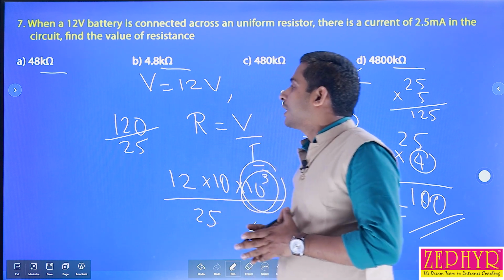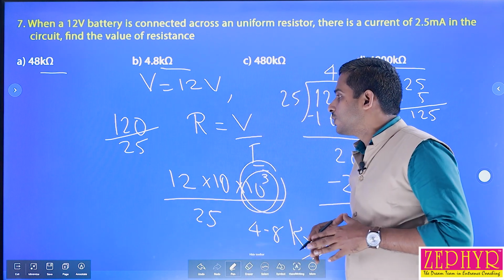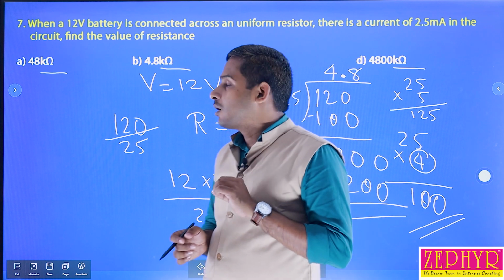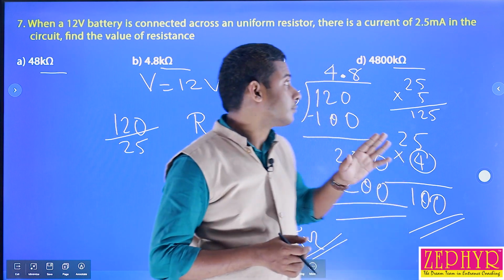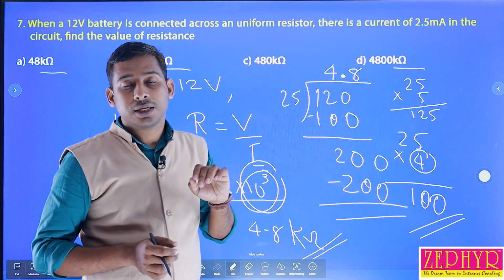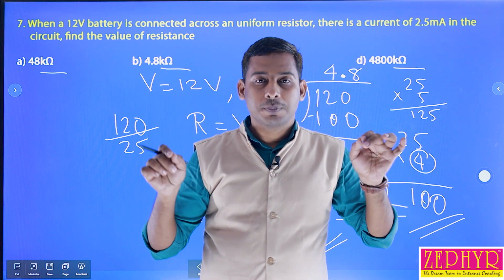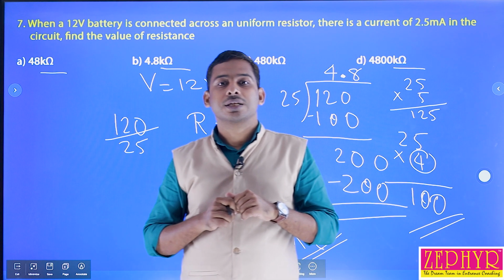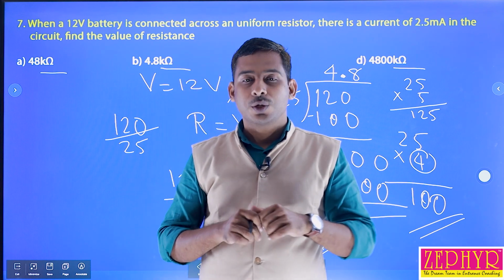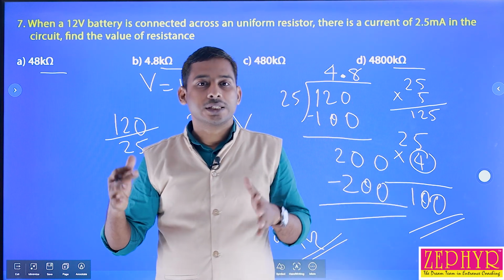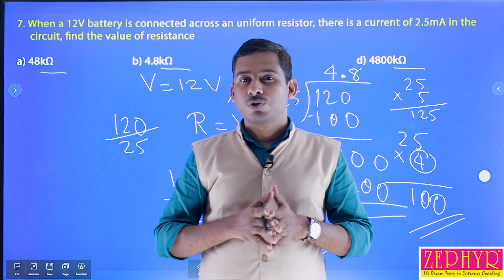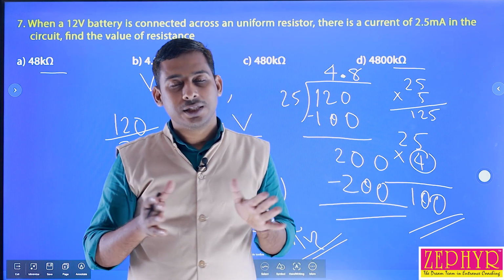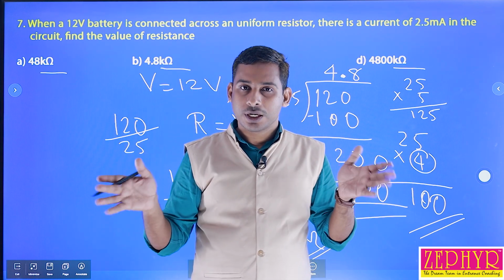So dear student, in this question you have to understand how we can convert the milliampere into the ampere. For that purpose we are using the multiplication 10 raised to minus 3. During the calculation, during the simplification part, you have to follow the easy way, otherwise it will take more time.